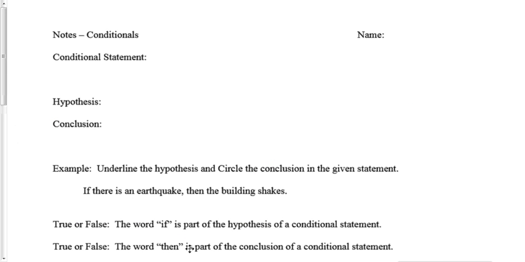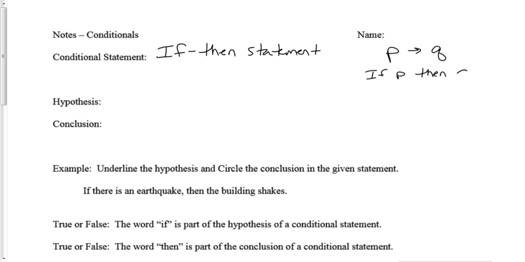Now we're talking about conditionals. A conditional statement is simply an if-then statement. The format that we've already seen is P arrow Q, and that means if P, then Q, whatever P represents and whatever Q represents.